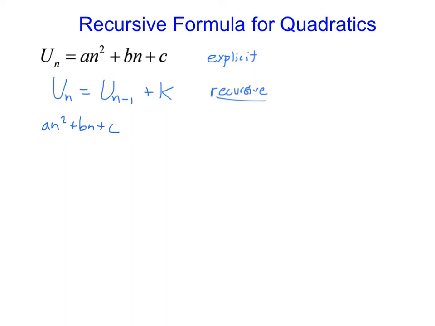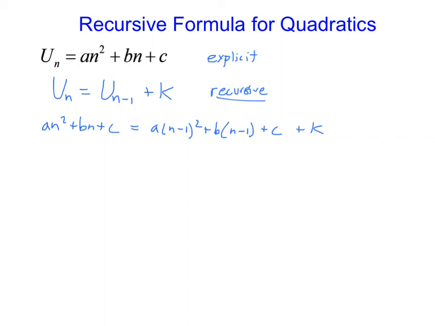And u sub n minus 1, well, that's just the previous one, so that has to be a times n minus 1 quantity squared plus b times n minus 1 plus c, and then plus that k thing. So just wherever I saw an n, I replaced it with n minus 1 for that previous term.